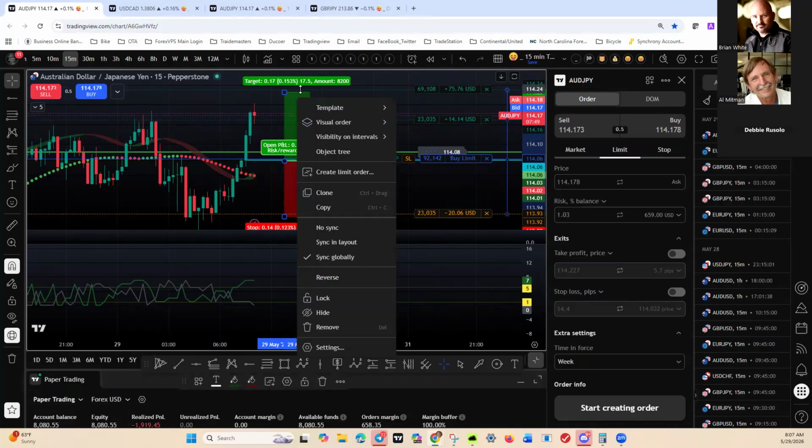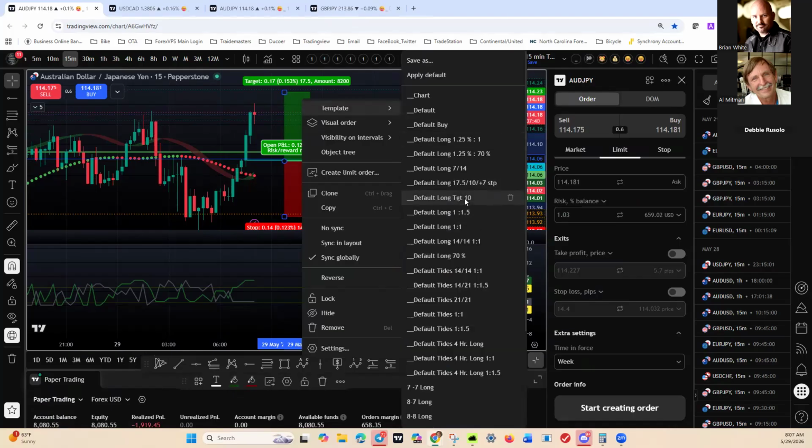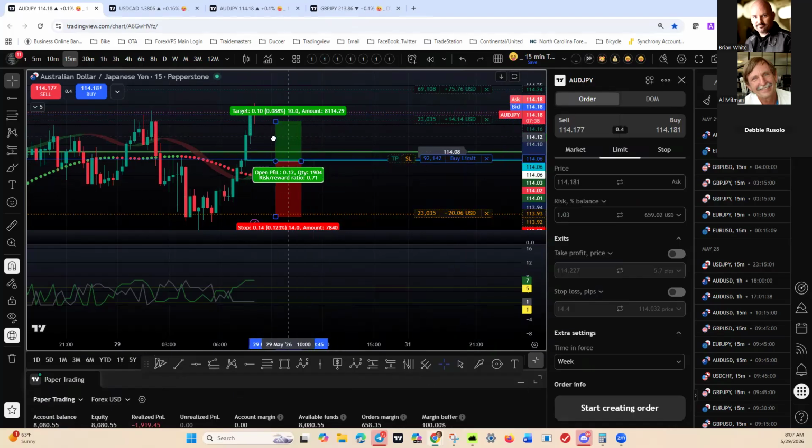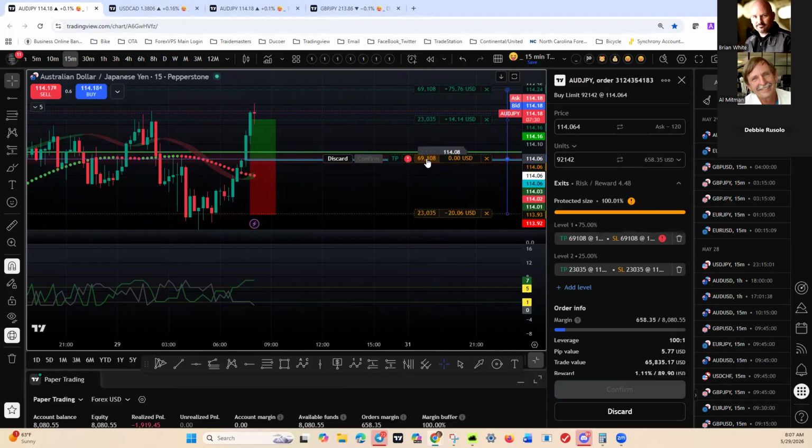So we have my ultimate target, we have our stop, we have our entry, and then we have the 10 pip target. And you can see it already, this one would have already made the 10 pips. So I would have been out with this one triggered. Then I would have moved my stop up to 114 13.